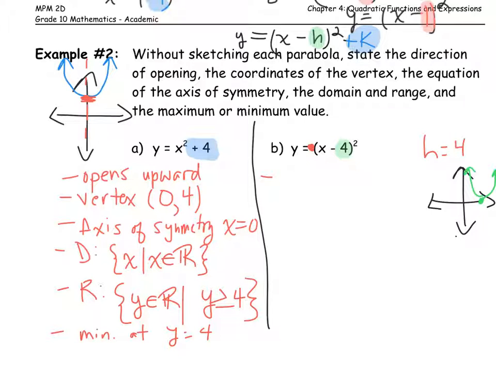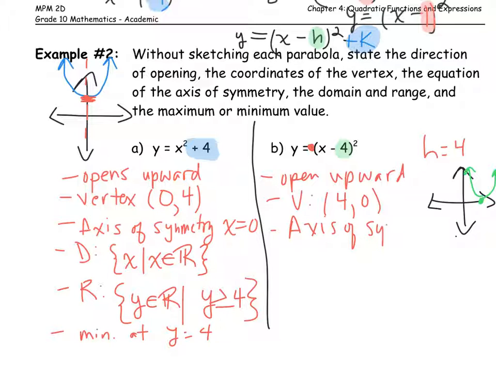I can also see that the sign over here is still positive. I haven't added a negative there. And so given that, it's still going to open upward. I know that my vertex is now, instead of at 0, 0, it's at 4 and 0. My axis of symmetry is no longer at x equals 0.